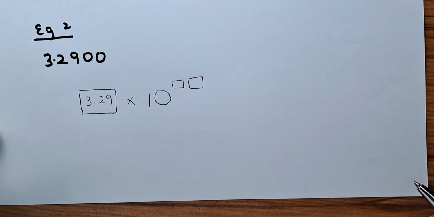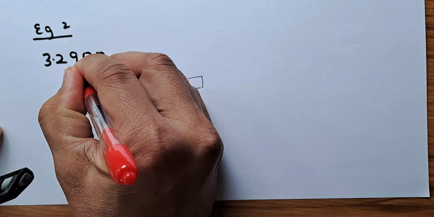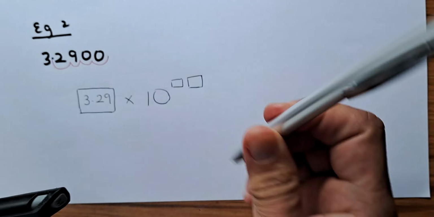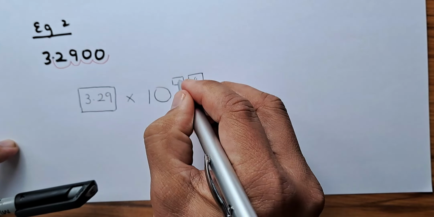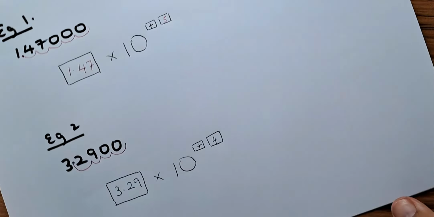Then we see how many times we moved the point: 1, 2, 3, 4. So the power is going to be 4. Is that a big or a small number? It's a big number again, so it's a plus sign. Got it? Great.